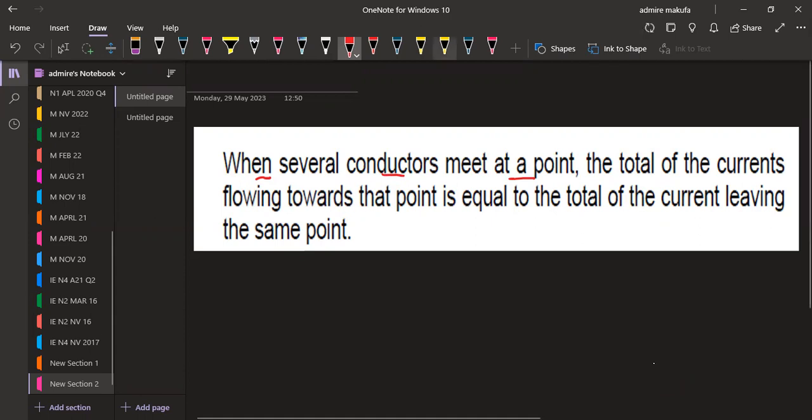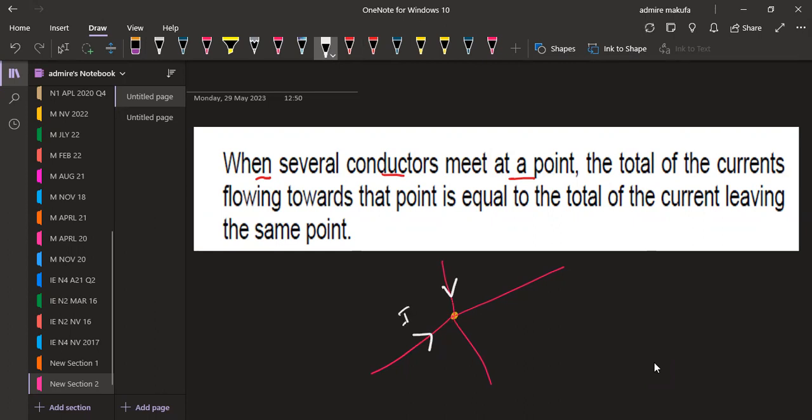If you consider this, let's say this is our junction here. We can consider our currents on the junction. It simply says that there can be currents flowing towards the junction, let's say this is our current one and current two, then we've got current three leaving and also current four leaving.